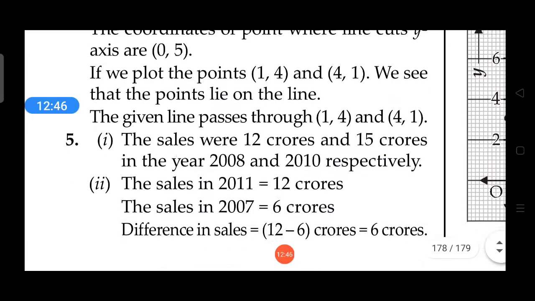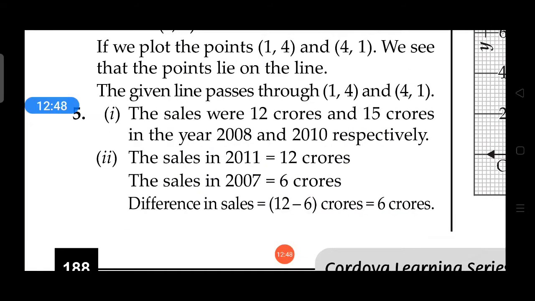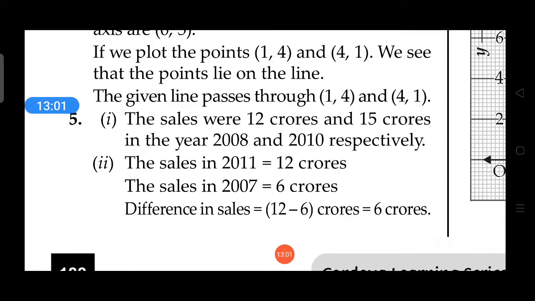Question number 5. The graph is given and we have to give the answers. What were the sales in the year 2008 and 2010? So here the sales were 12 crores and 15 crores in 2008 and 2010 respectively.